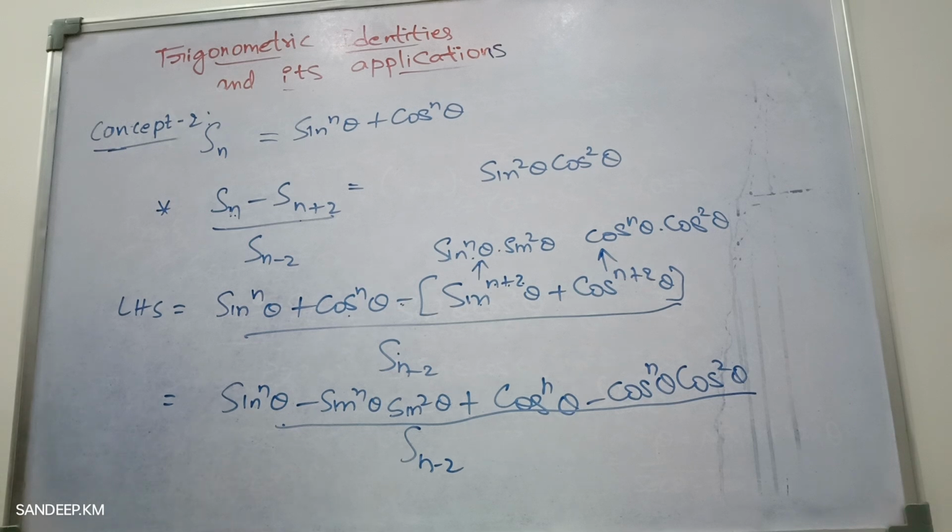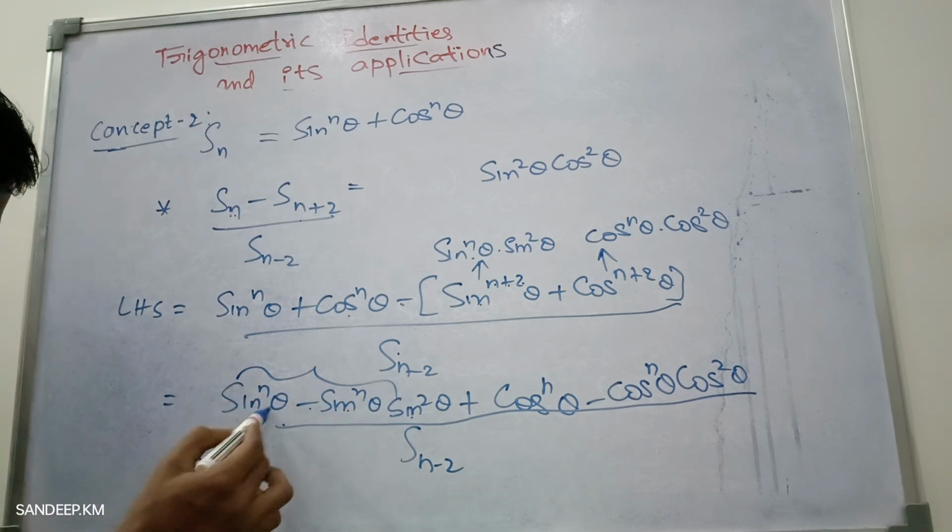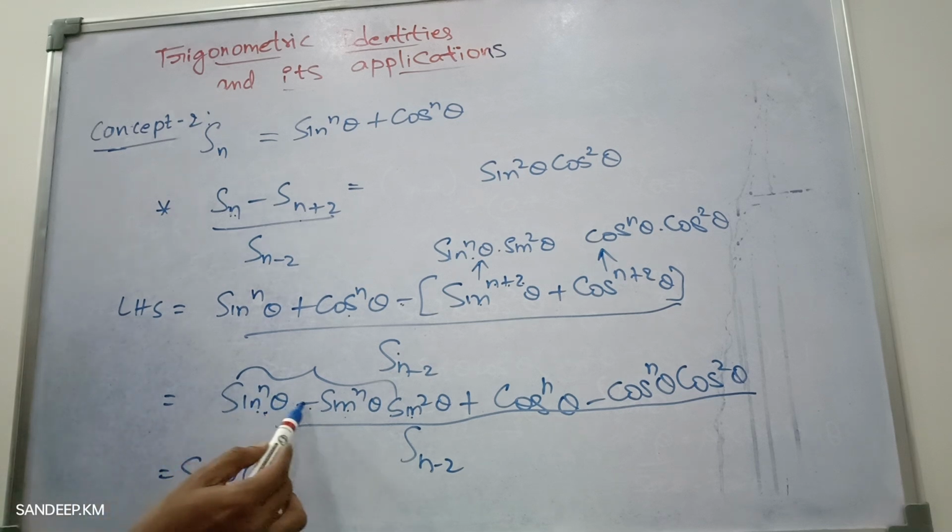What we can do, dear students, in these two we can take sine power n theta common, and you will get 1 minus sine square theta. Because I took sine power n theta common in these two terms, I will get 1 minus sine square theta, and 1 minus sine square theta is cos square theta.